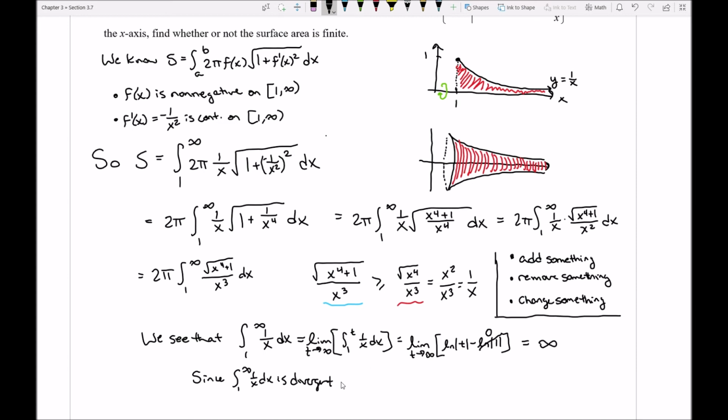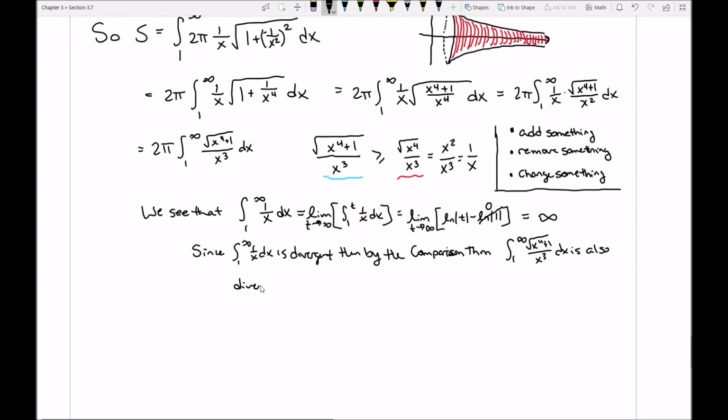and it's the smaller function, then by the comparison theorem, my integral from 1 to infinity of the square root of x to the 4th plus 1 over x cubed is also divergent, and thus my surface area, which is 2 pi times that integral, is divergent.